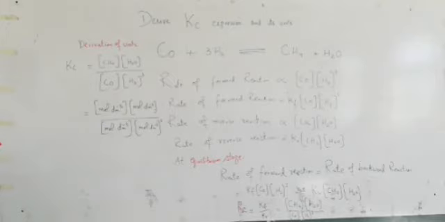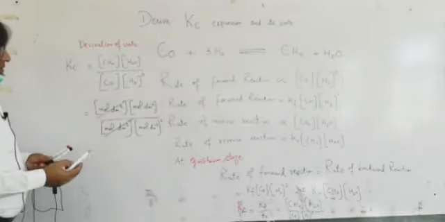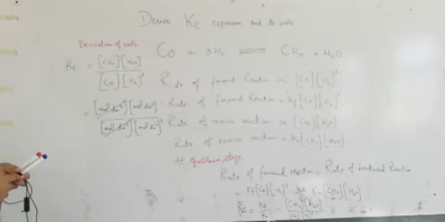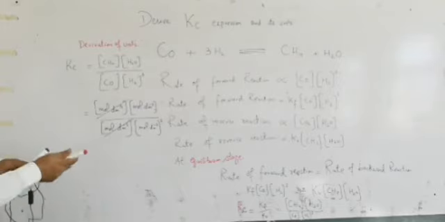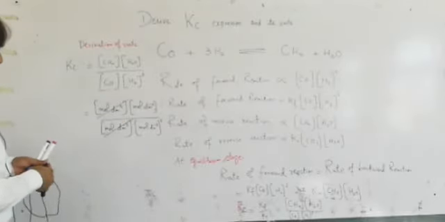So you can cancel the similar units like this, mole per dm³, right?